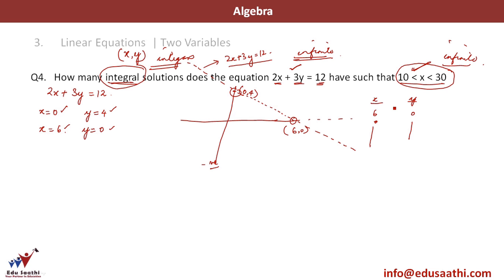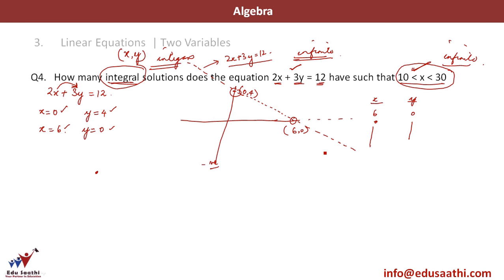If you put x equal to 8, again y will not be an integer. So if you look at the equation and the coefficients of the other variable, x would increase with the coefficient of y, which is 3.